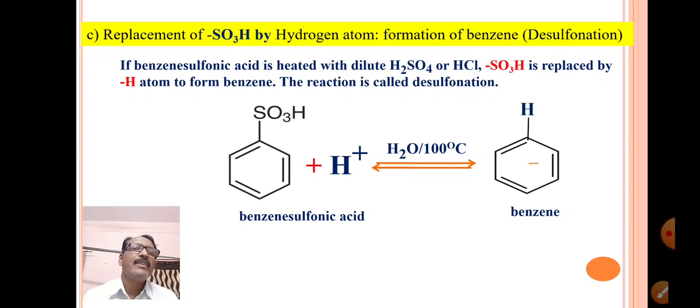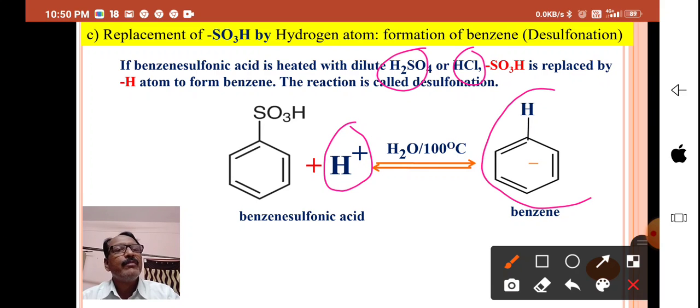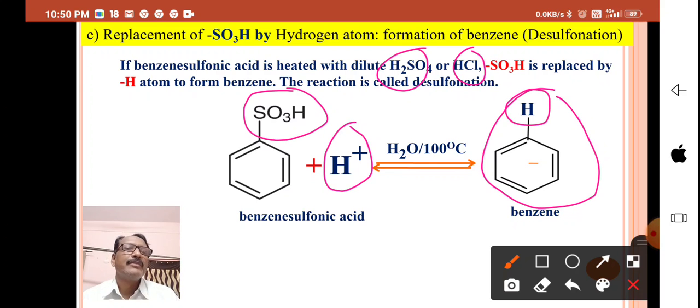This reaction is called the desulfonation reaction. You can show here benzene sulfonic acid plus H+, this H+ ion, that is proton coming from H2SO4 or HCl. There is formation of benzene by the replacement of SO3H group by H, and the name of the reaction is desulfonation.